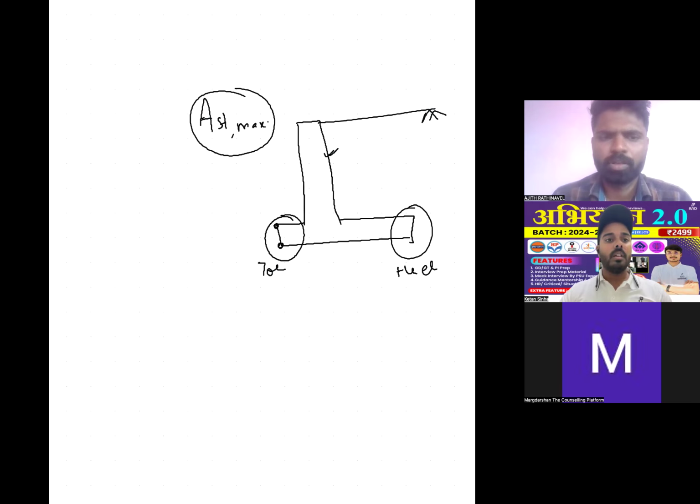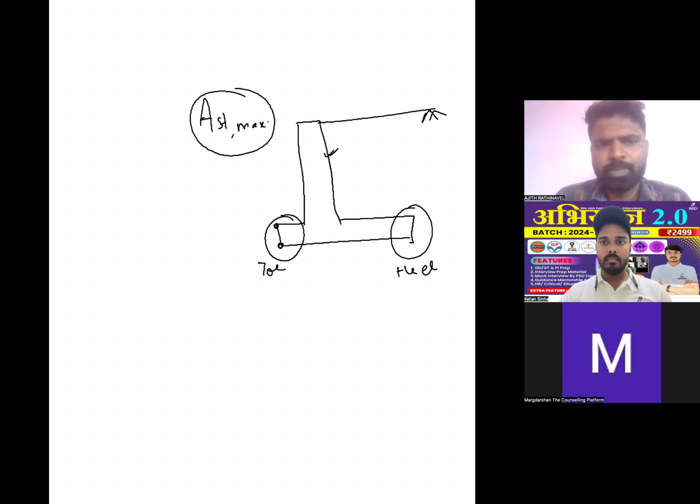Now tell me, if we have to check the stability against shear failure, this entire structure may fail in shear. Hello, Ajit, are you there? How can we check the stability against shear? At which point will we have to check?